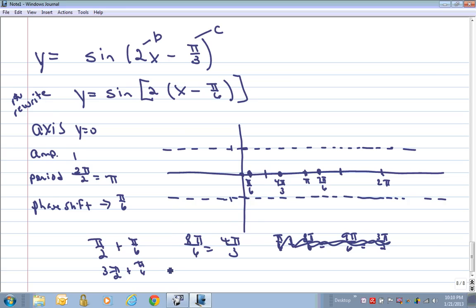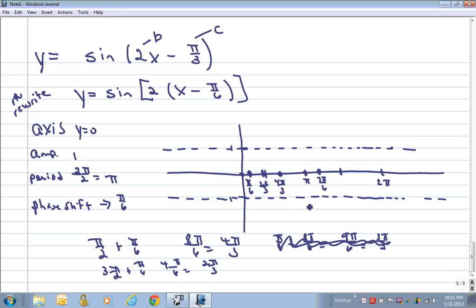Oops, 4 pi over 6, sorry, which would put me at 2 pi over 3. So halfway in between here would be 2 pi over 3.